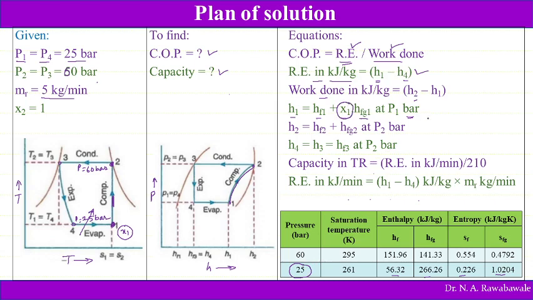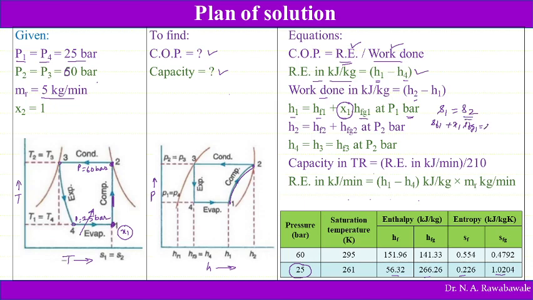To find out X1, we have to equate entropy at point 1 to entropy at point 2. So entropy at point 1 can be written as SF1 plus X1 SFG1, which is equal to S2.